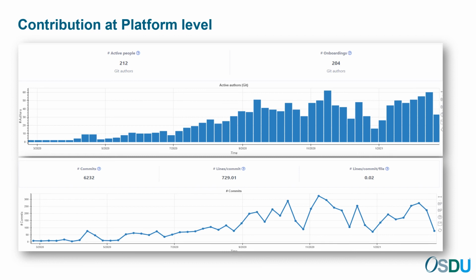So this is the activity of developers. There are 200 plus active developers out there, and you can see that at certain periods of time we had contributions of 50 people concurrently. The top graph is in terms of people. In terms of code, what you can see is that the code activity has grown as well.